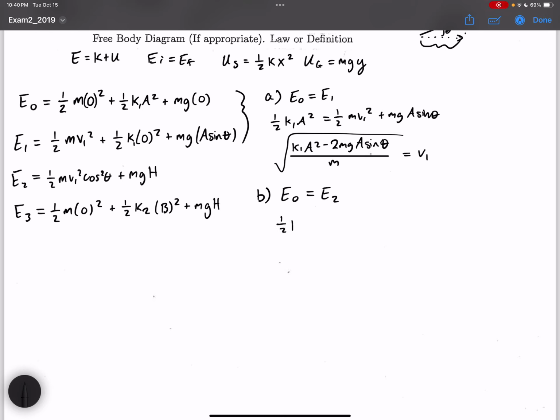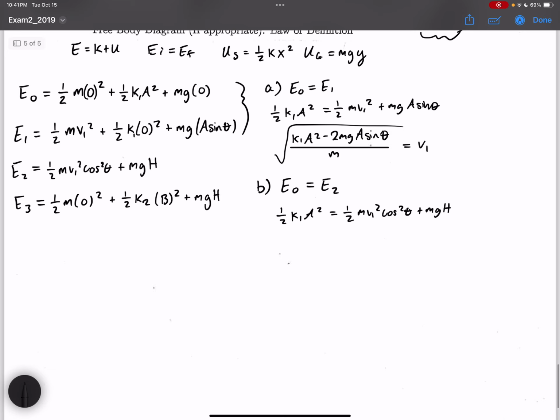So we have 1/2 K1 A squared equal to 1/2 M V1 squared cosine squared theta plus M G H. Okay, so then we multiply by 2 again, so we get K1 A squared equal to M V1 squared cosine squared theta plus 2 M G H.